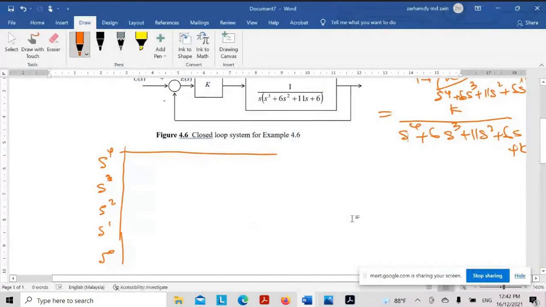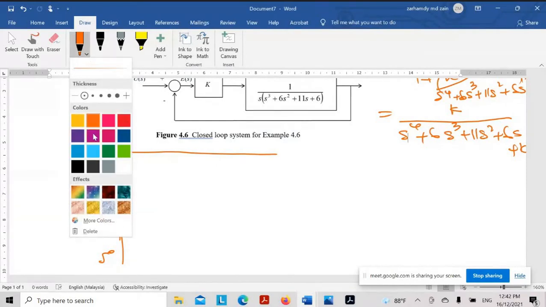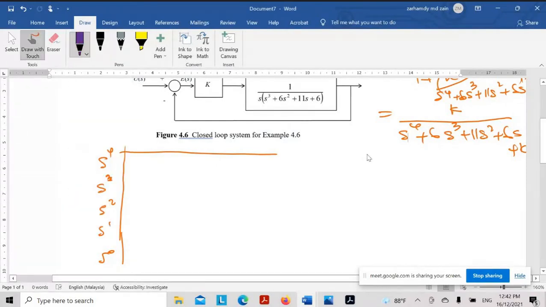Okay, we need to follow the procedure. From here we have 1, right Taufik? What else, Taufik? 11. 1, 11 and K. Okay, good.